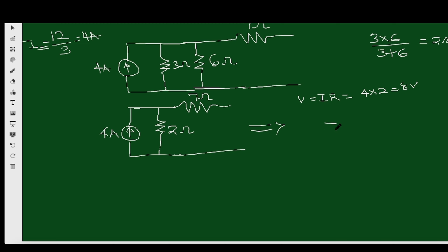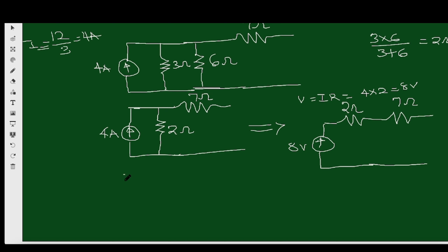So what will I have? I will have 8 volts here, then 2 ohms here. It has become series now. Remember, when you transform to a voltage source, we have a voltage source in series with the resistor. So 2 ohms here, 7 ohms here, and this is 8 volts. So 2 ohms and 7 ohms, they are in series, right?